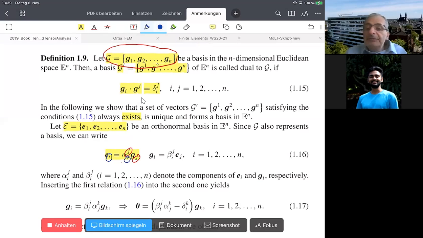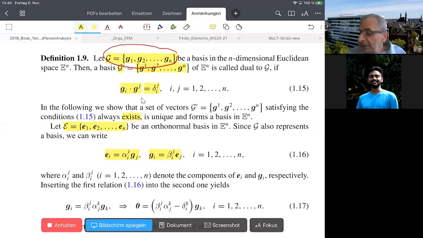Okay, and we can do it the other way around. This orthonormal basis E also forms a basis. That means that every vector in our vector space, including vectors G, can also be represented as a linear combination of these vectors E. Again, you see summation over j, simply using these components beta, the index j is summed here.